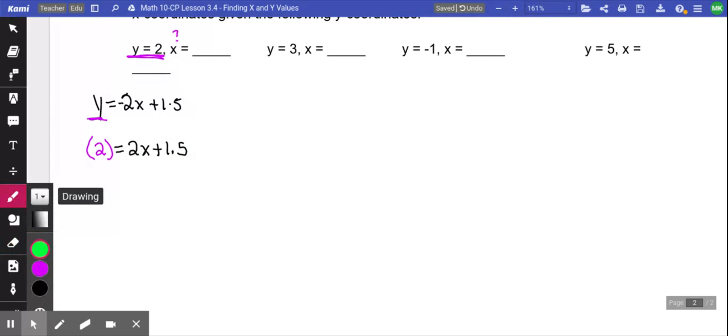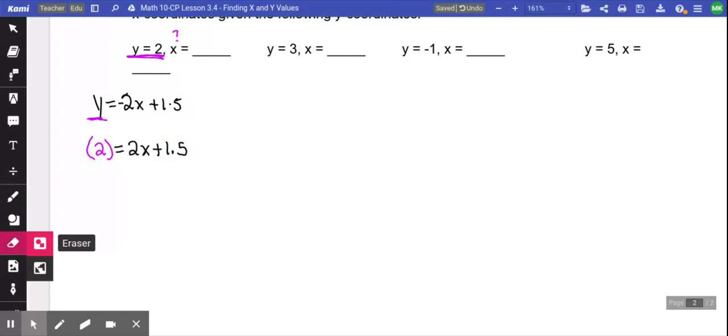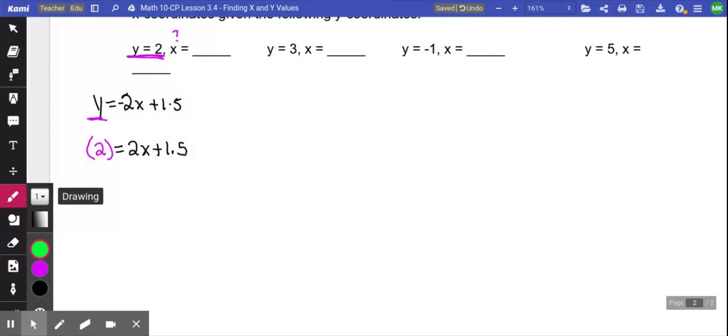So when I decide which thing has to move first, I have to move the plus 1.5 first. The way that you move something is by doing the opposite operation. This is plus 1.5. The opposite of adding is subtracting 1.5. If I was to subtract 1.5, these two things would cancel each other out, and now the 1.5 wouldn't be there anymore.